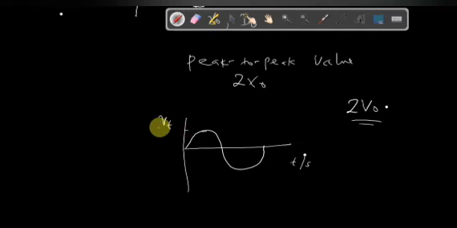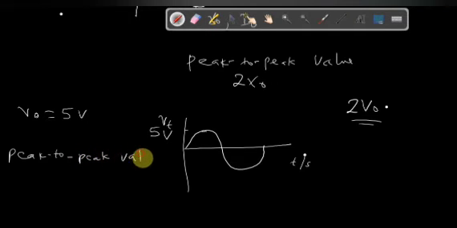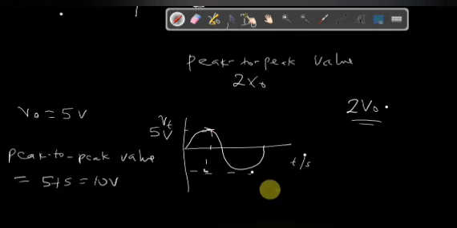For instance, if the peak value is V naught equals 5 volts, then the peak-to-peak value will be 5 plus 5, which is 10 volts. So the peak-to-peak value represents this value from the peak here to this point here.